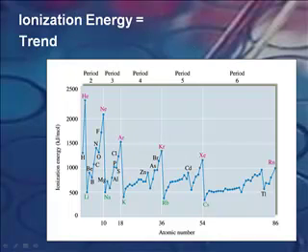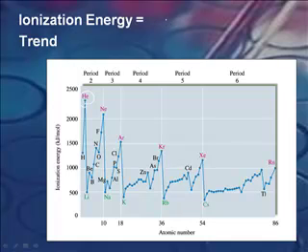Okay. Now, this particular table is the table of ionization energy trends on the periodic table. And so the substance with the highest ionization energy is helium. This is the first ionization energy. So let's think about it from the periodic table perspective.